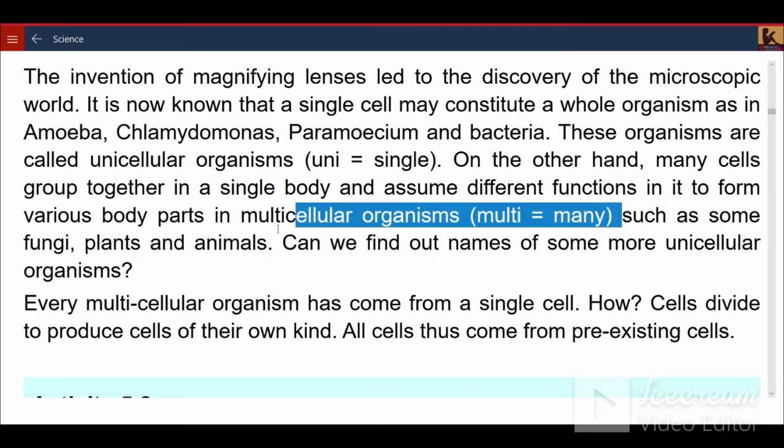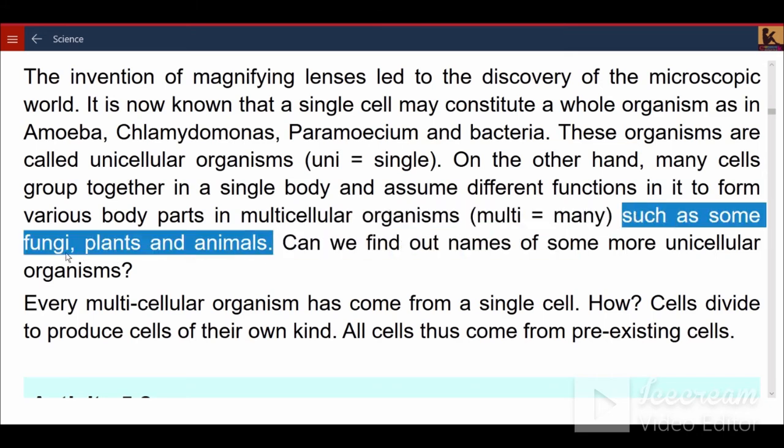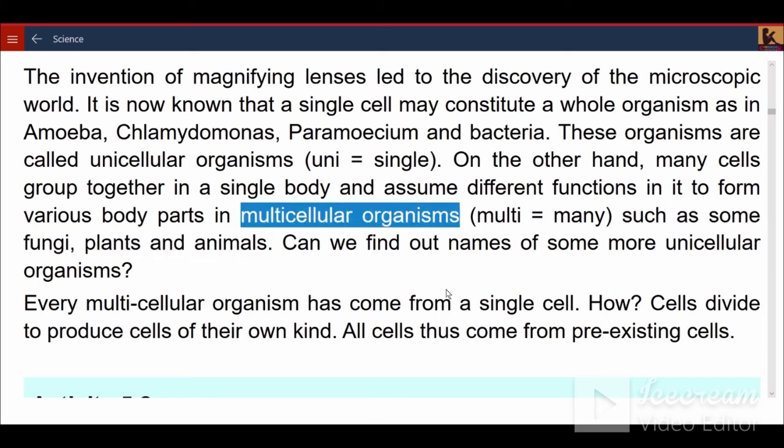Multicellular organisms can be fungi, plants, and animals. These organisms, which are made up of several cells grouped together, are called multicellular organisms.